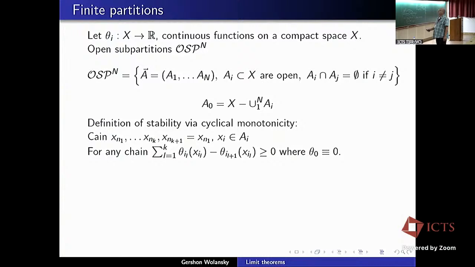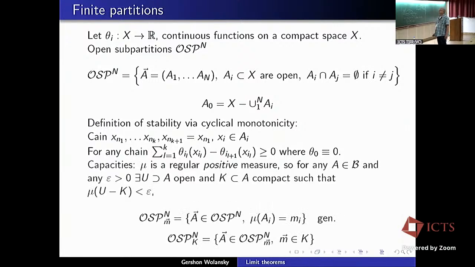Then we sum over the chain theta i_l at x_l minus theta i_(l+1) at x_l. We always get something non-negative for any chain. And theta 0 is defined by 0. So think about theta as a reward. So theta i are all non-negative. Doesn't have to be, but it is more reasonable to think about this way.